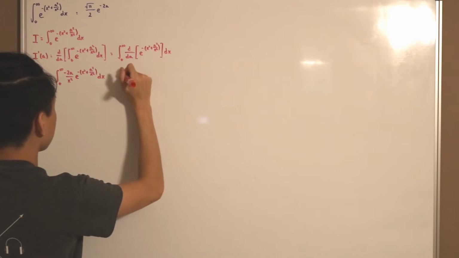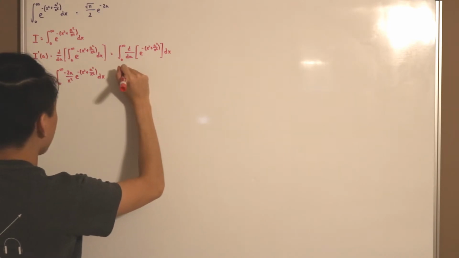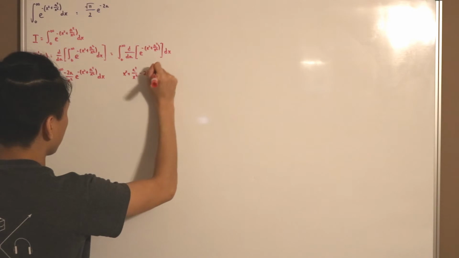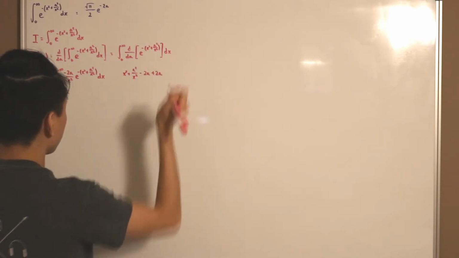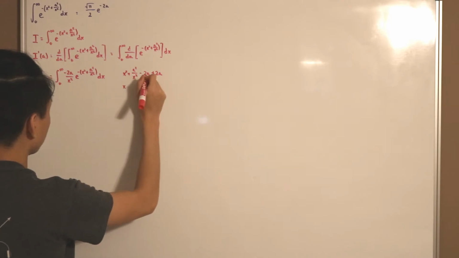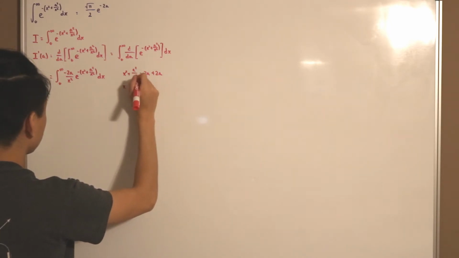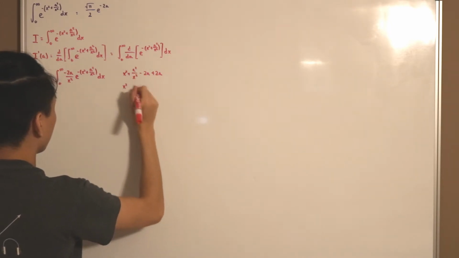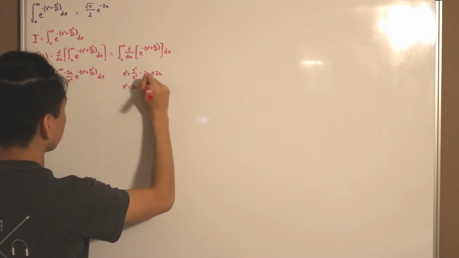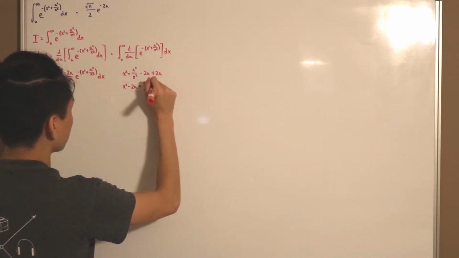In other words, I would like to add and subtract 2a, so x squared plus a squared divided by x squared minus 2a plus 2a. And when I rearrange the terms, I'm going to move the negative 2a so it's in front of the a squared divided by x squared, giving x squared minus 2a plus a squared over x squared, plus 2a.